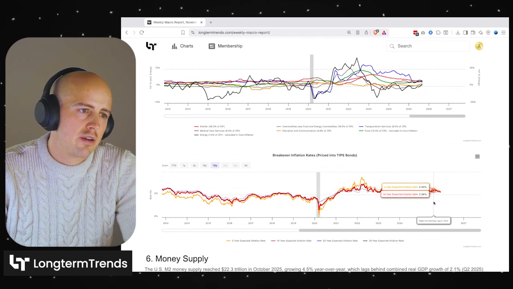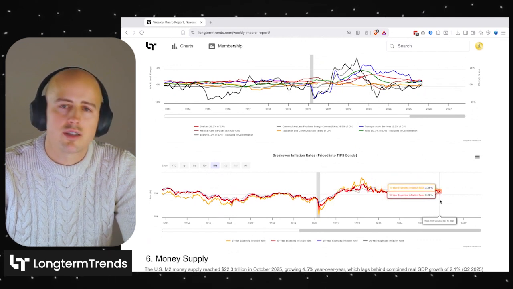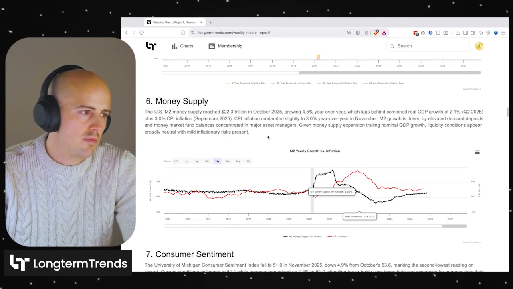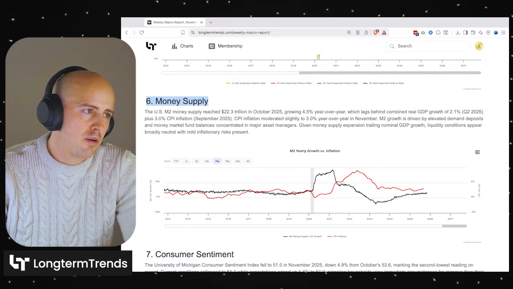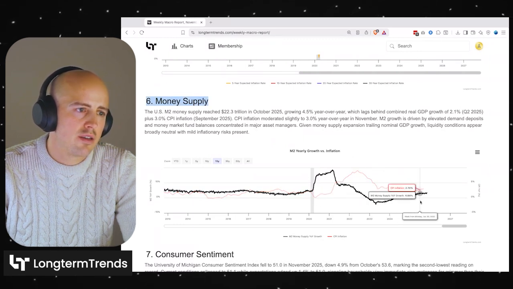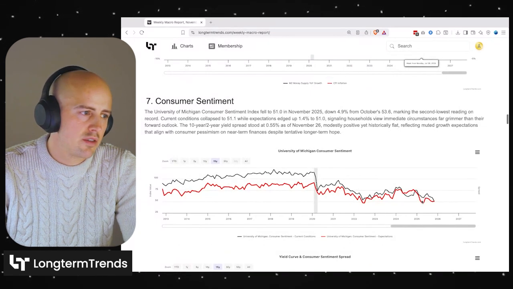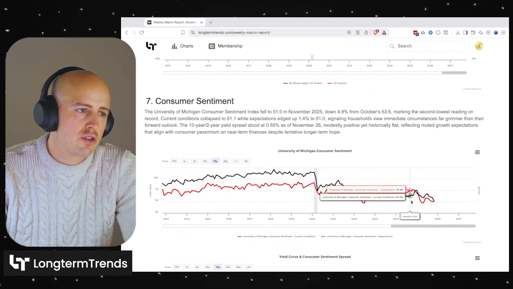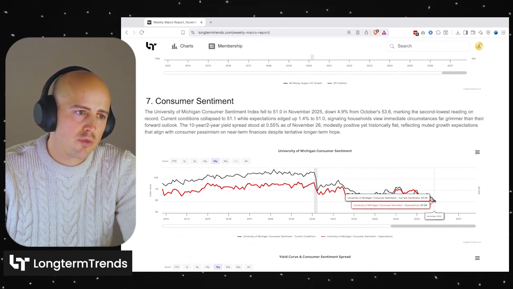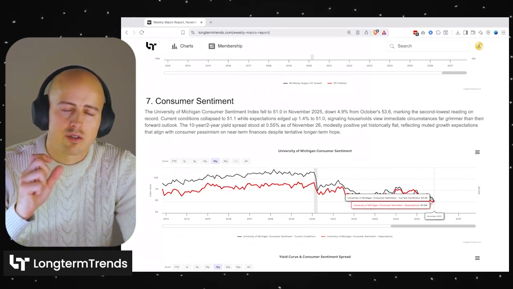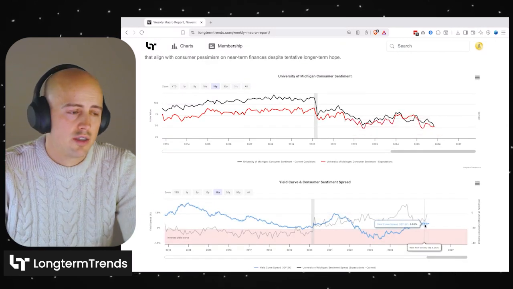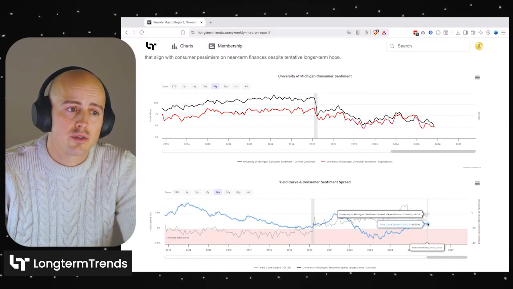We're looking at inflation expectations priced into TIPS bonds. We're looking at the money supply and how it's driving inflation. We're looking at consumer sentiment, current, and also about the future. And we look at the spread between those two.